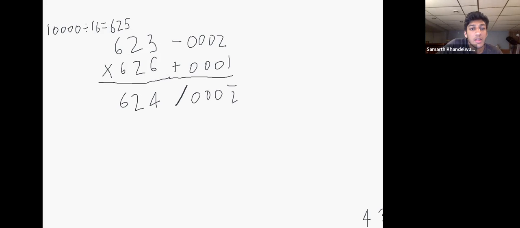But never forget that, well, first thing we can check is that this is 4 digits and this is also 4 digits. So we don't need to carry anything so far forwards. But we have to first divide this by 16, remember, because this was 10,000 divided by 16.